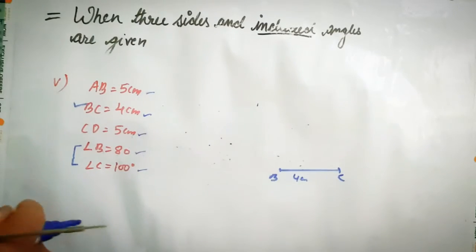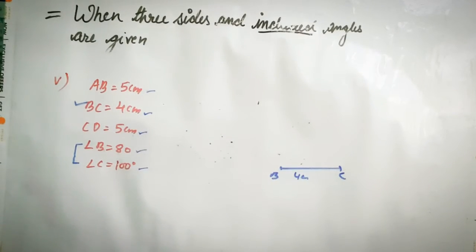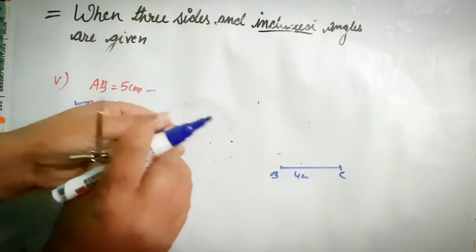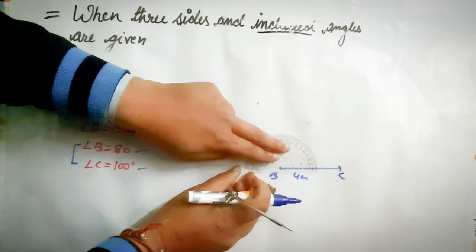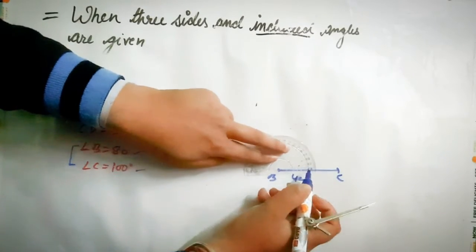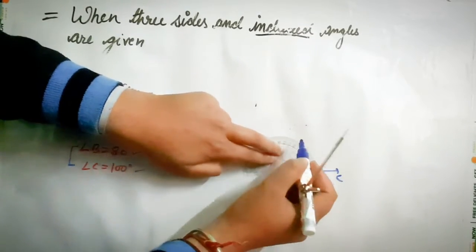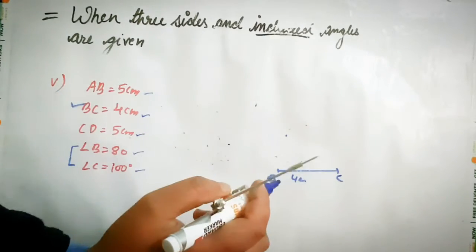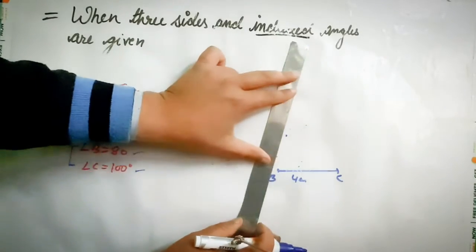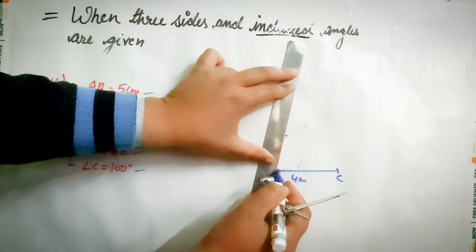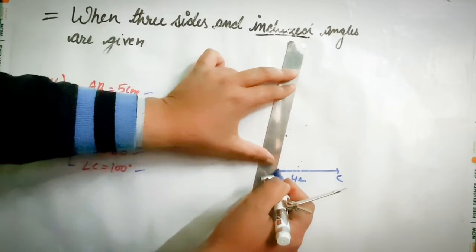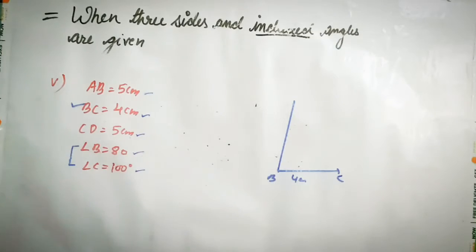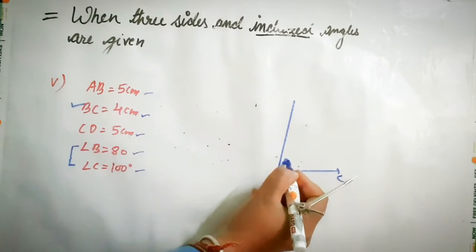Then angle B is given equal to 80 degrees. So take your protractor and place it on B. This is your baseline, so 0 degrees here, and mark a point on 80. Join this point with B, and this is your arm of the angle of 80 degrees.